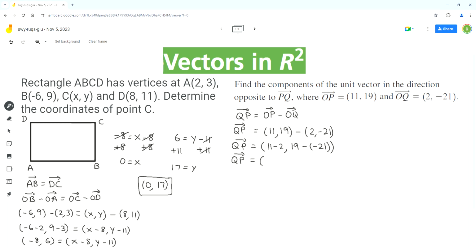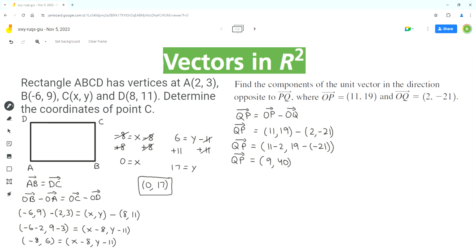So 11 minus 2 is 9 and 19 minus negative 21 is equivalent to 19 plus 21, which is equal to 40. So this is vector QP.